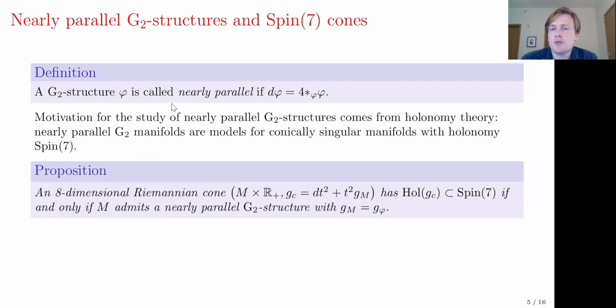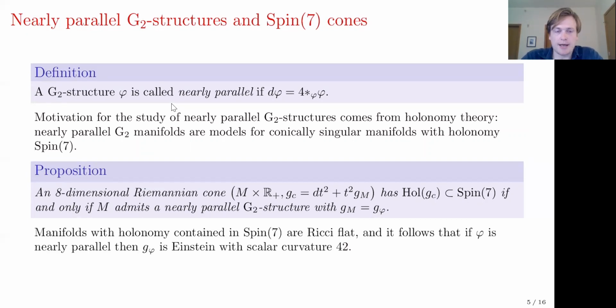Well, this cone has holonomy contained in Spin(7) if and only if your 7-manifold M admits a nearly parallel G2 structure and the metric on the link of the cone is equal to the metric induced by that nearly parallel G2 structure. Okay, so this is saying that the links of Spin(7) cones admit nearly parallel G2 structures, and the metric is the same.